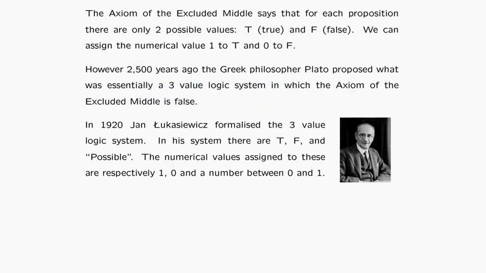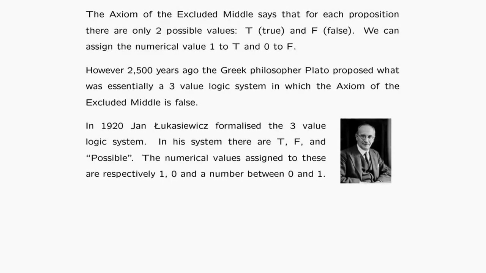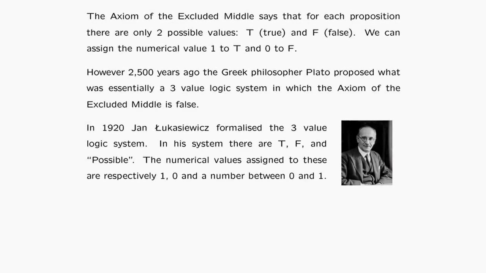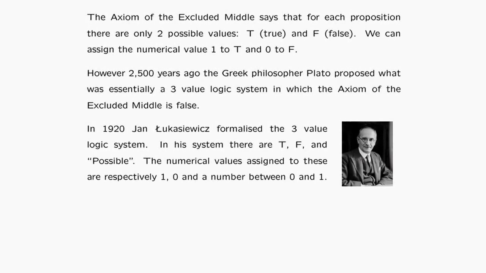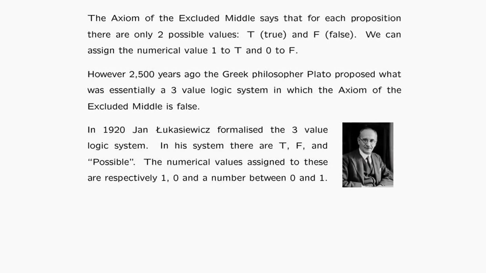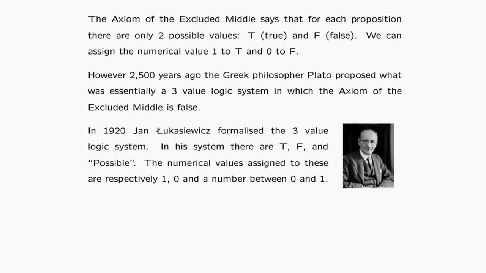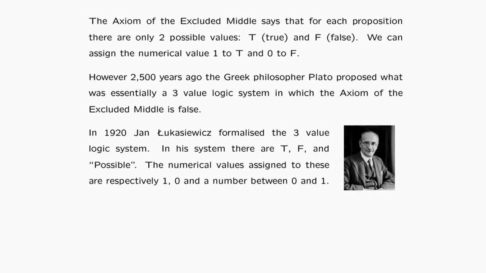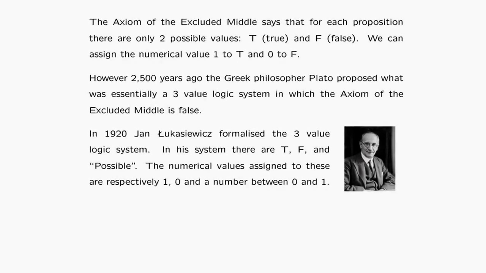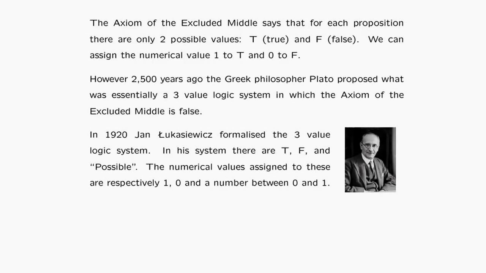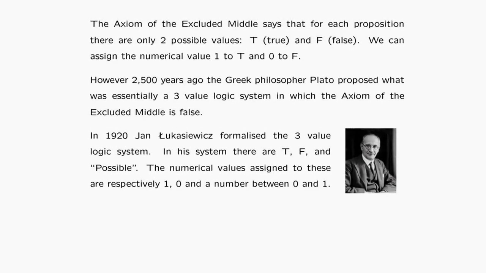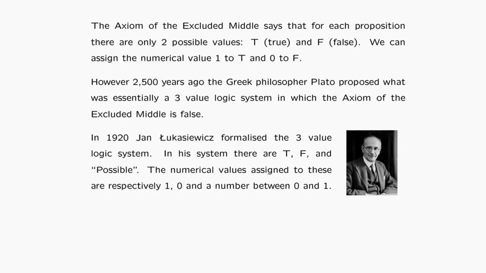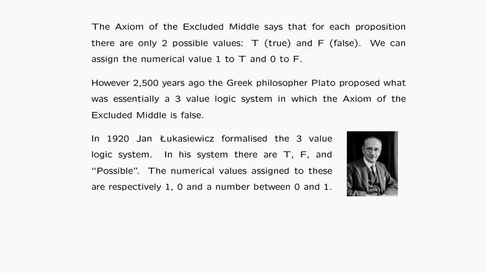The axiom of the excluded middle says that for each proposition there are only two possible values, T for true and F for false. For convenience, we can assign the numerical value 1 to T and 0 to F. However, 2,500 years ago, the Greek philosopher Plato proposed what was essentially a three-value logic system, in which the axiom of the excluded middle would be false.